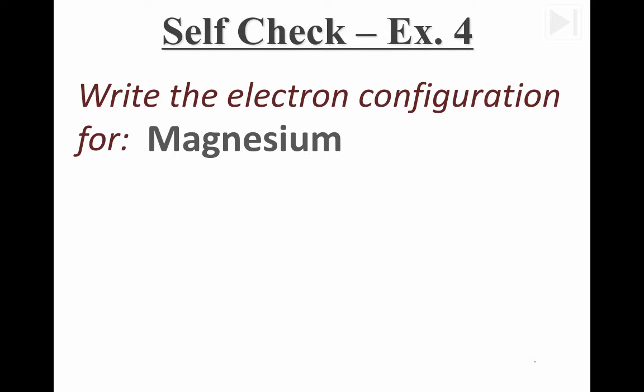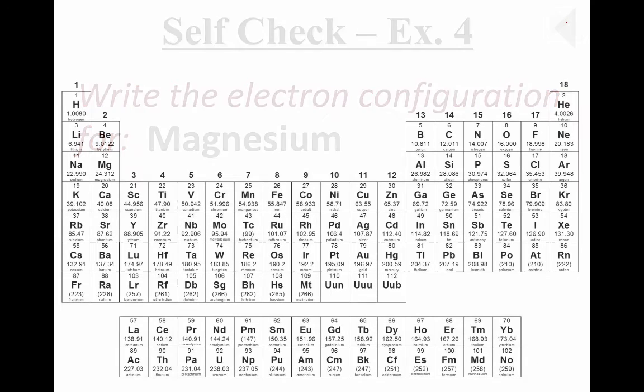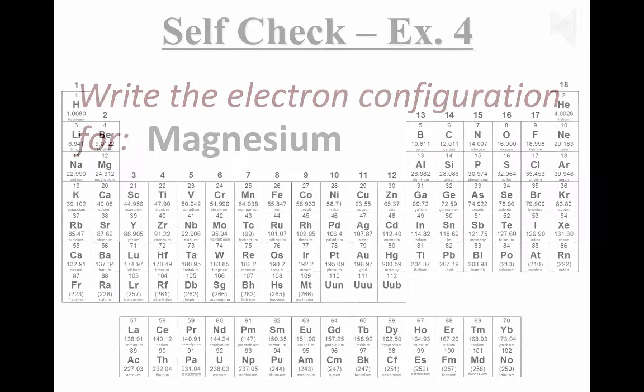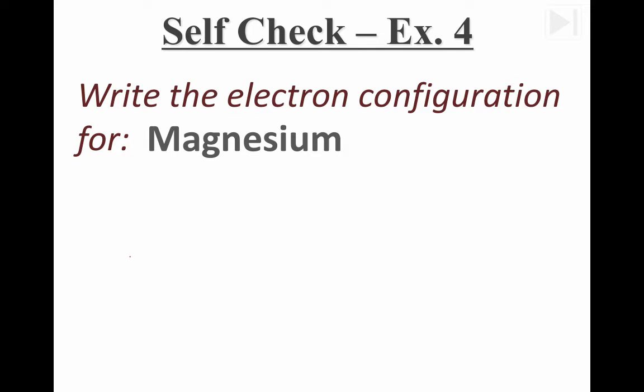Let's try an electron configuration now for magnesium. When you do the electron configuration for magnesium, first you want to identify how many electrons there are. This is element number 12, which means it has 12 protons and 12 electrons. I'm going to write this down, magnesium, which has 12 protons and electrons.